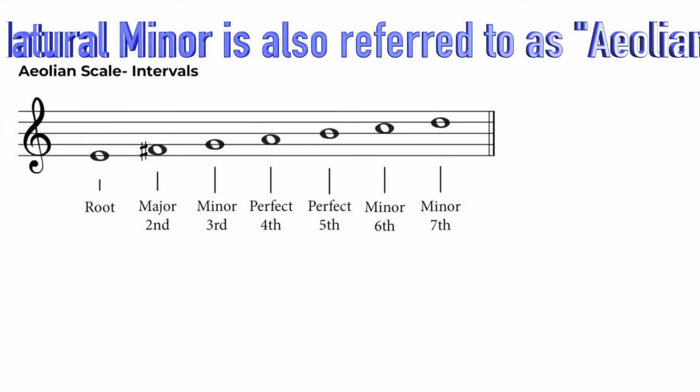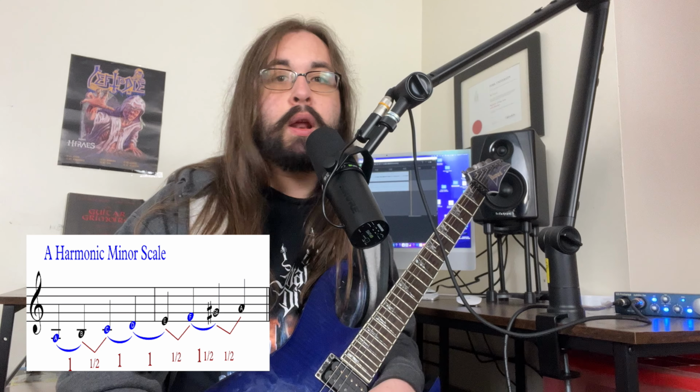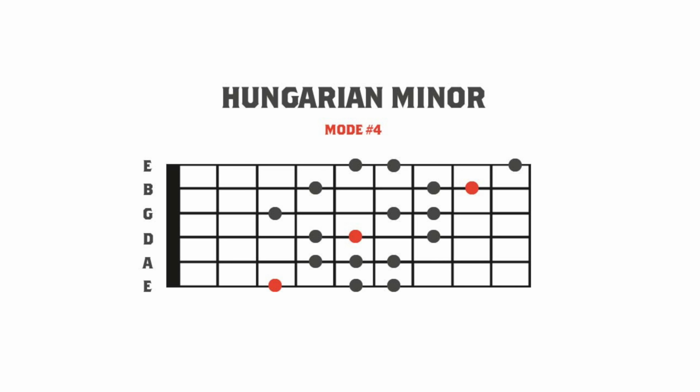Definitely not as dark a sound as the minor second, but still a very common interval found in metal, rock, and music in general, just because it's found in so many common scales, like natural minor, harmonic minor, Hungarian minor, all sorts of scales.